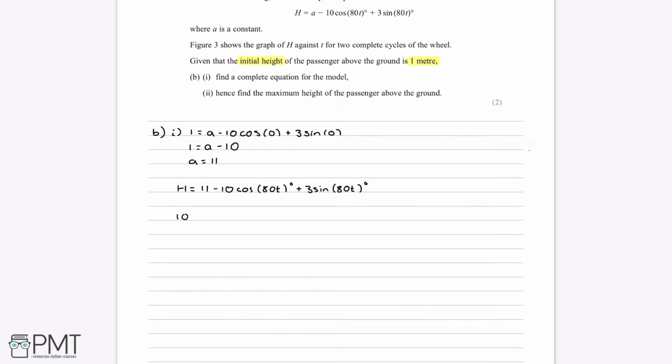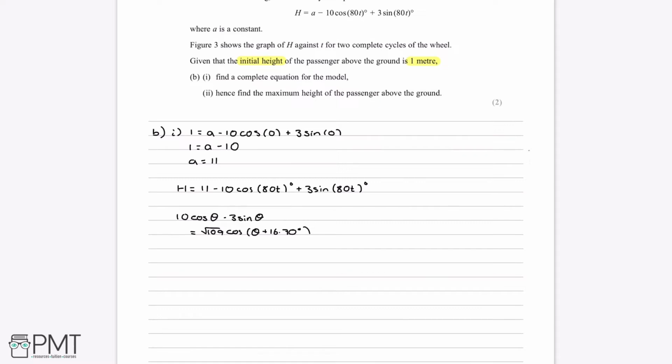10 cos theta minus 3 sine theta can be written as root 109 cos theta plus 16.70 degrees, you can see that this 10 cos theta minus 3 sine theta is very similar to what we have here. There's just a difference in the signs.